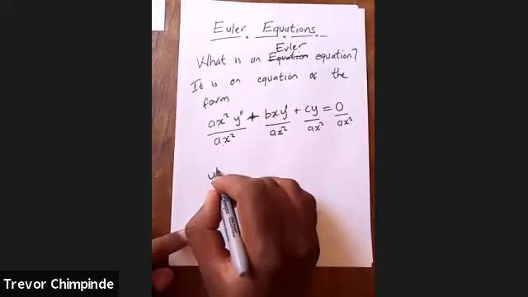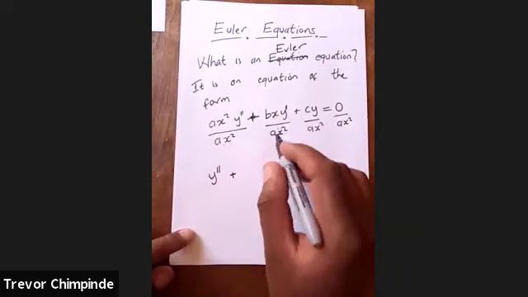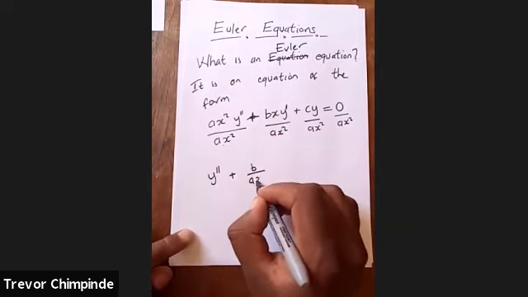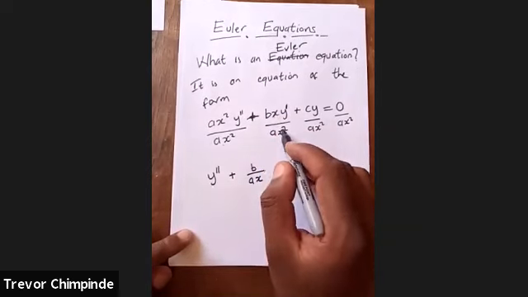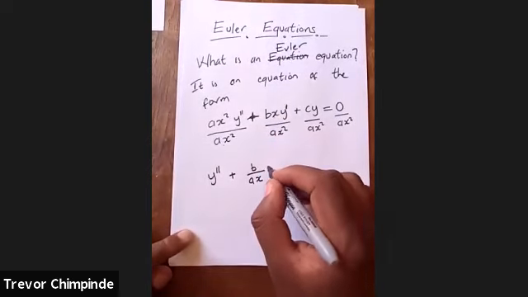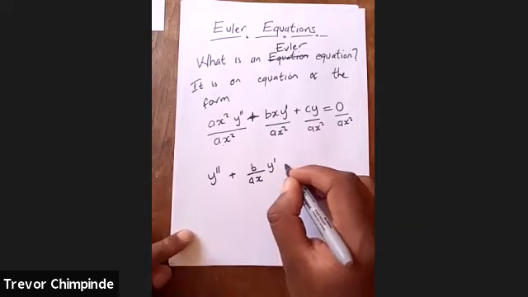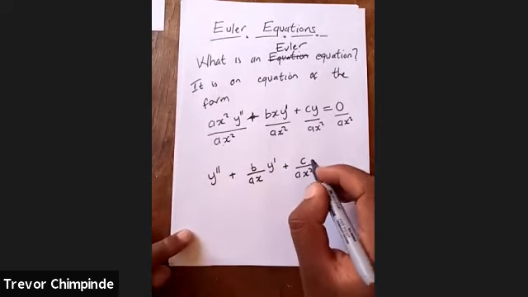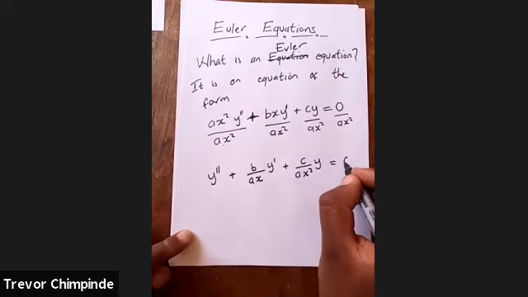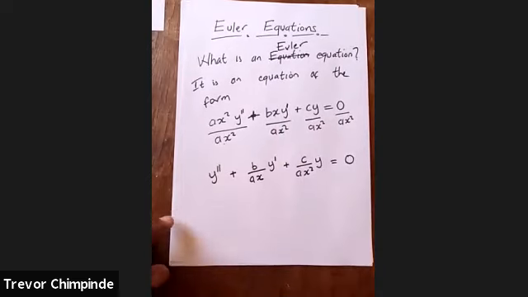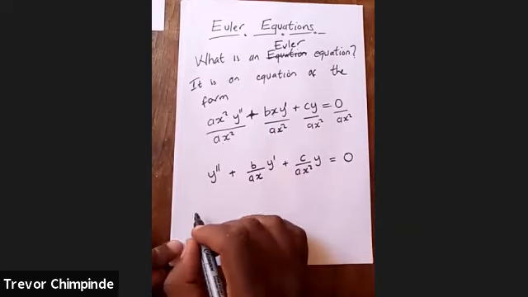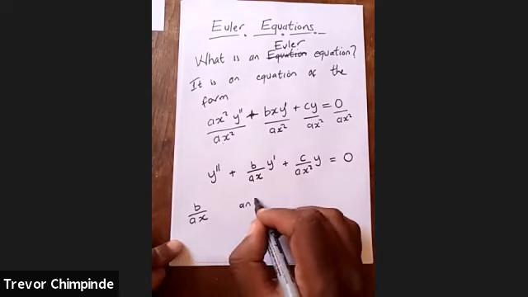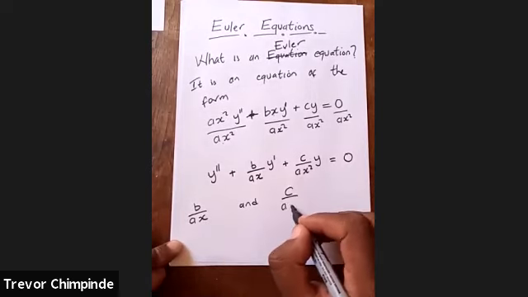We get y double prime plus b over ax y prime plus c over ax squared y is equal to 0. So this is what we remain with. Now we analyze these coefficients, b over ax and c over ax squared.